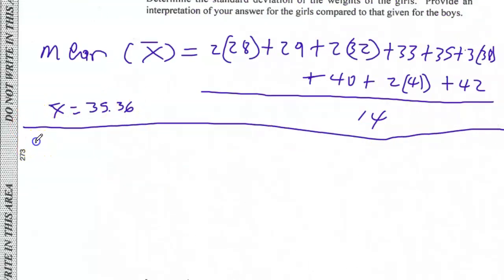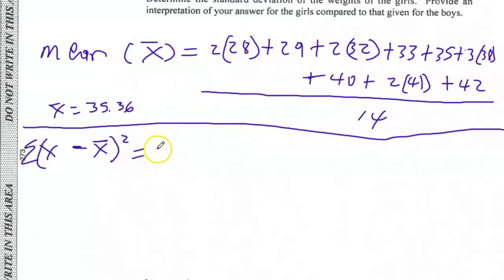So the standard deviation is the summation, so let me first find x minus x bar squared, the summation of x minus x bar all squared. So for each x value, we're going to subtract the mean and square the result.